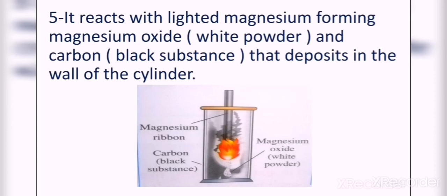If you insert a lighted magnesium ribbon in a cylinder filled with carbon dioxide gas, you will see that the magnesium ribbon keeps burning for a short time, then extinguishes, forming a white powder and a black substance.